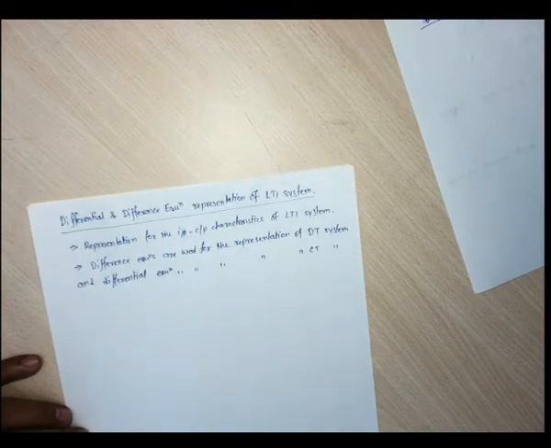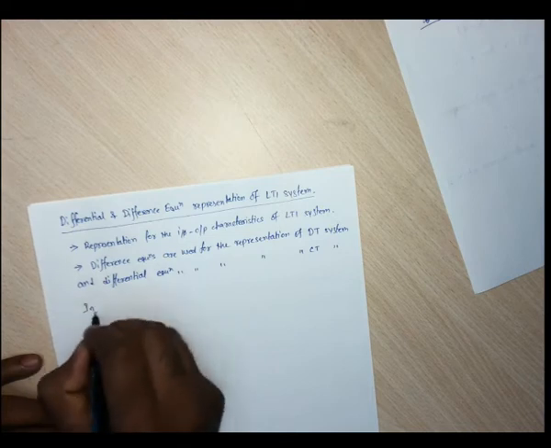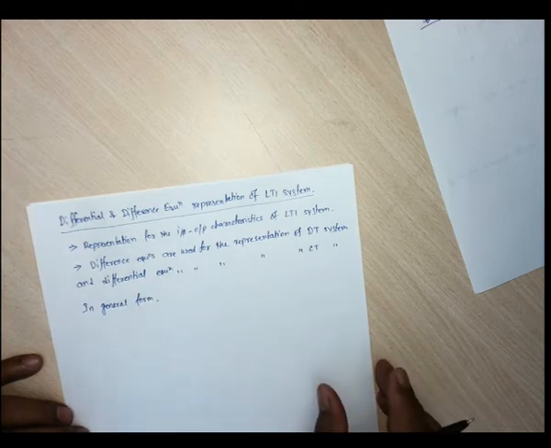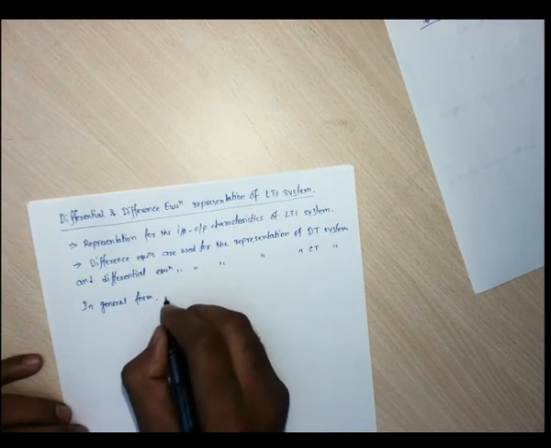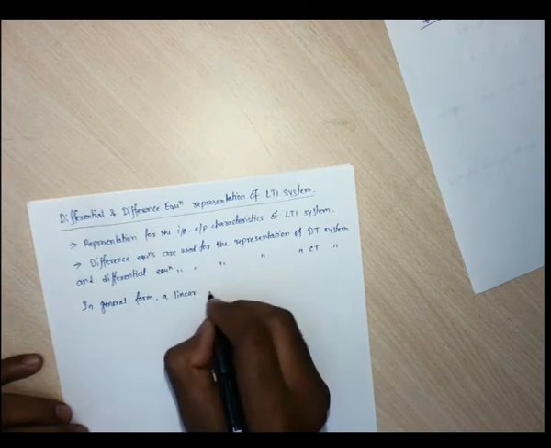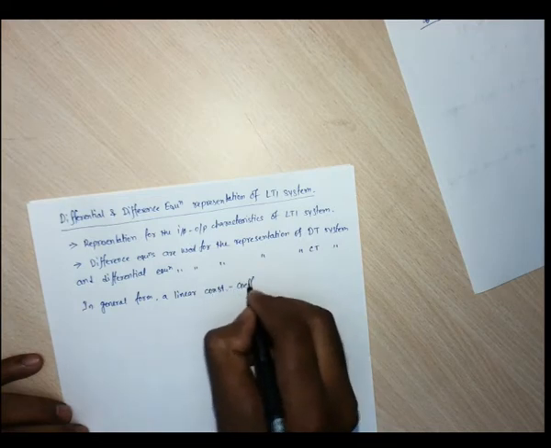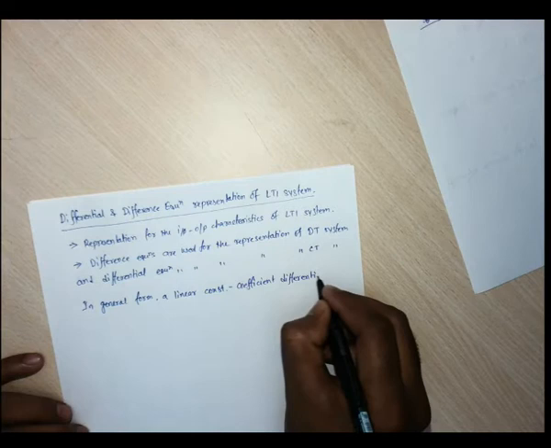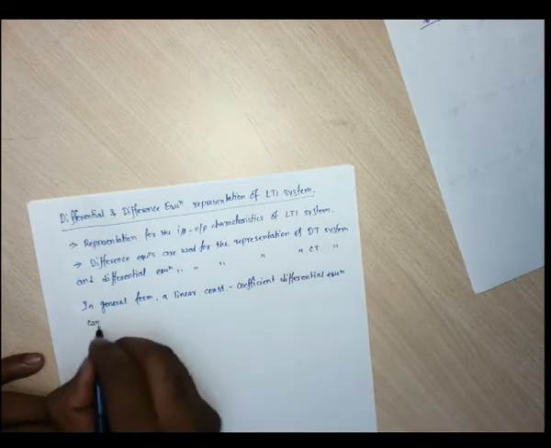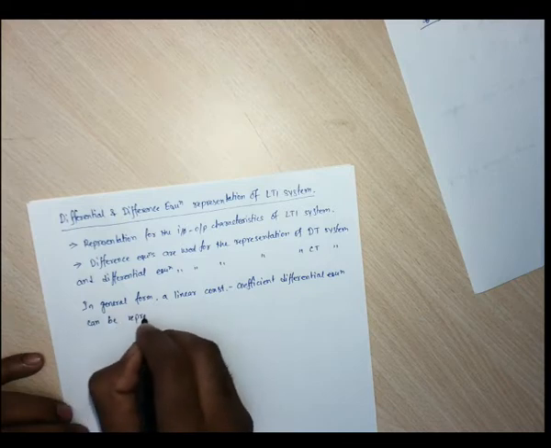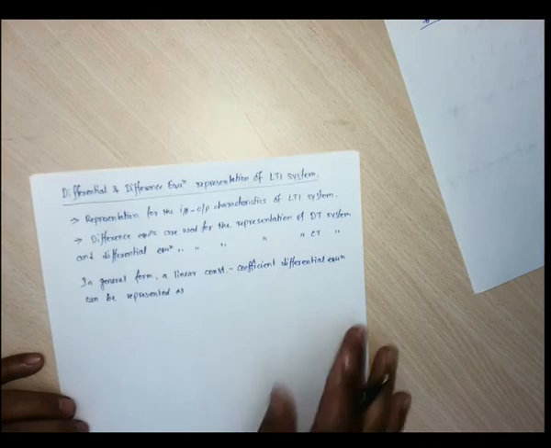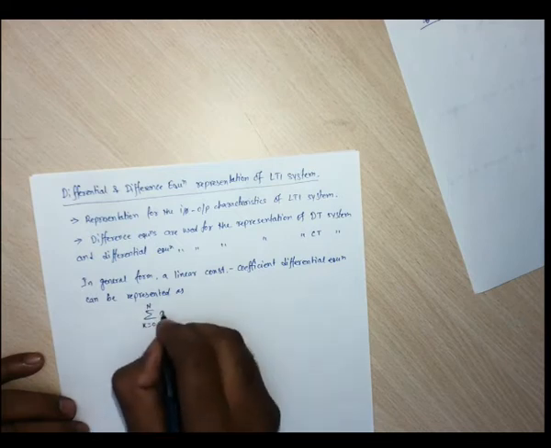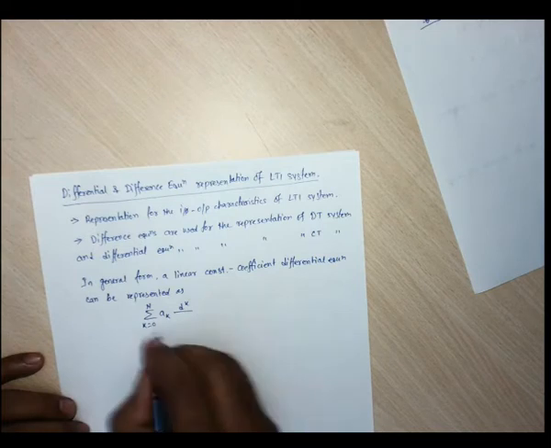So in general form, a linear constant coefficient differential equation can be represented as summation k equals 0 to capital N, like this. I'm just writing this one.